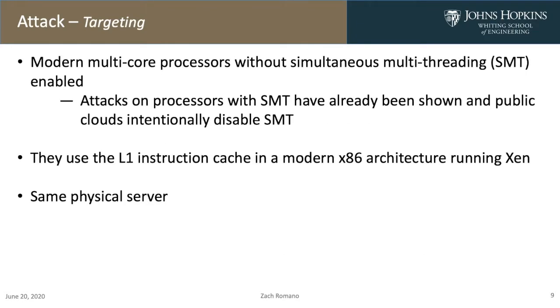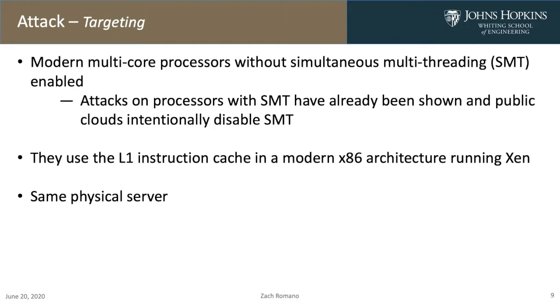So now we're going to talk about who this attack is targeting. The architecture this focuses on is modern multi-core processors without SMT enabled. SMT is simultaneous multi-threading. They focused on processors without SMT enabled because there have already been a lot of attacks shown on that, and many cloud providers intentionally disable it.